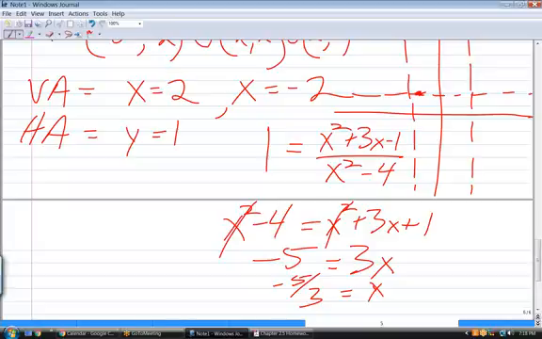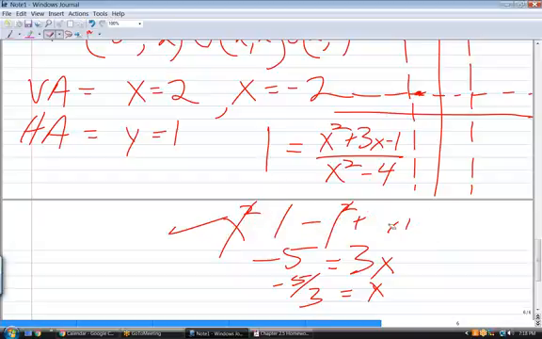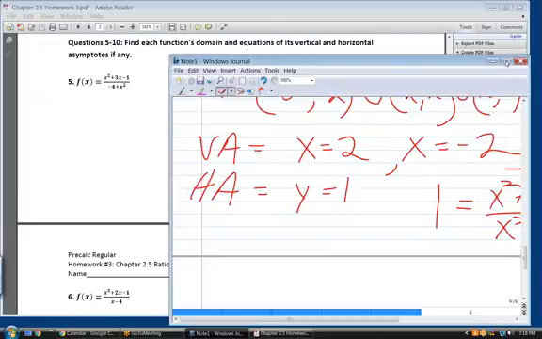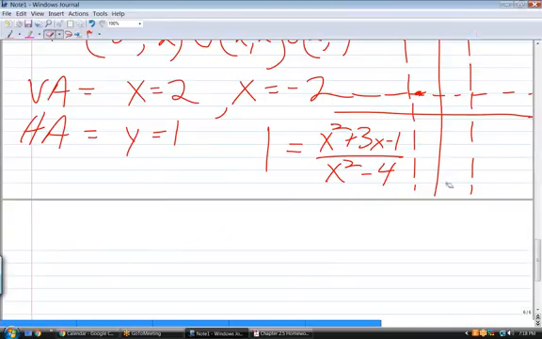Okay. If it did not cross the horizontal asymptote, I would not be able to solve that equation. It would be an equation such that it would not have a solution. And then I would know that it doesn't cross that horizontal asymptote. Knowing that it crosses this horizontal asymptote allows me to pretty much figure out how to graph it in between.